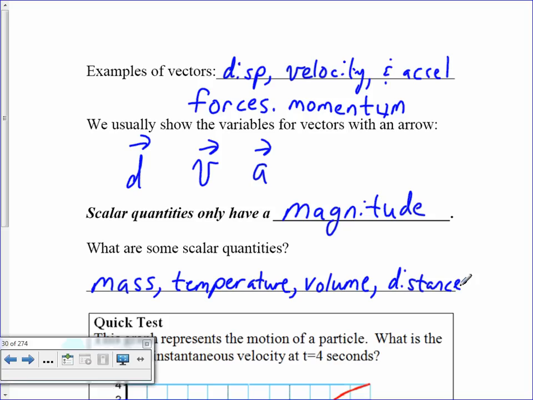It only measures distance. Likewise, your speedometer doesn't measure velocity because it doesn't give the direction. And so the scalar counterpart to velocity is going to be speed. And acceleration doesn't really have a scalar counterpart. All right. So distance and speed are the scalar counterparts to displacement and velocity.